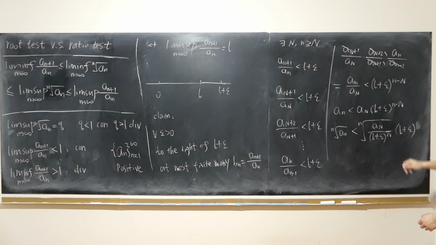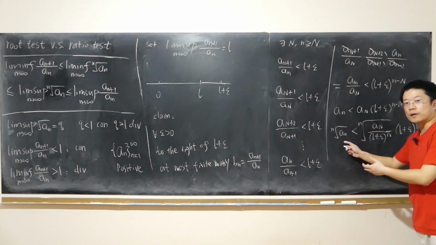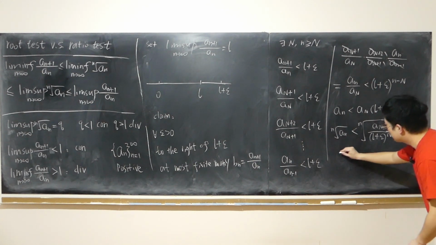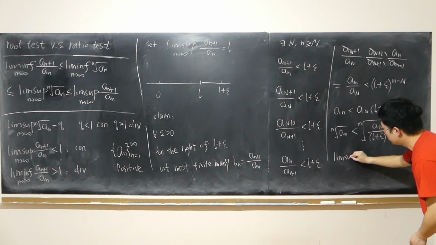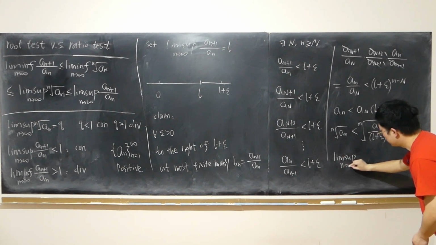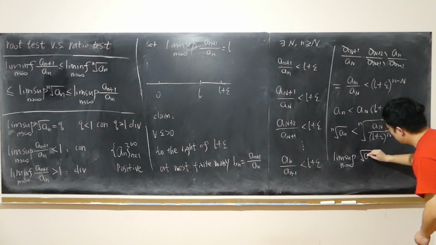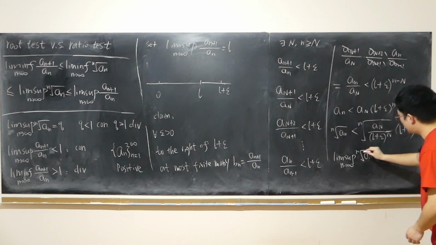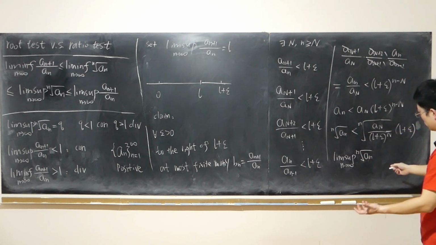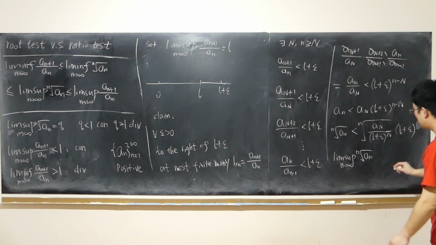So L plus epsilon. This time we let n approach infinity and take the lim sup, because I don't know if there is a limit of an, but there's definitely a lim sup. Lim sup. The nth root of an is a sequence. Lim sup definitely exists.